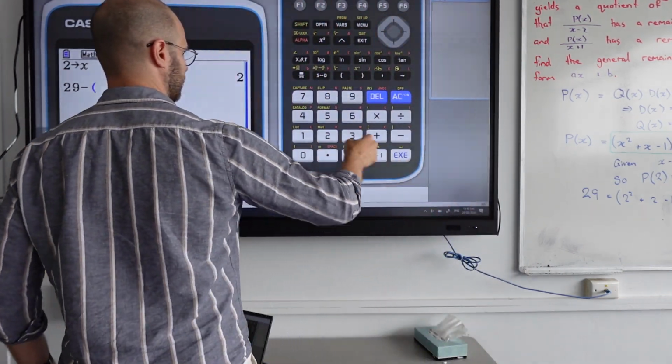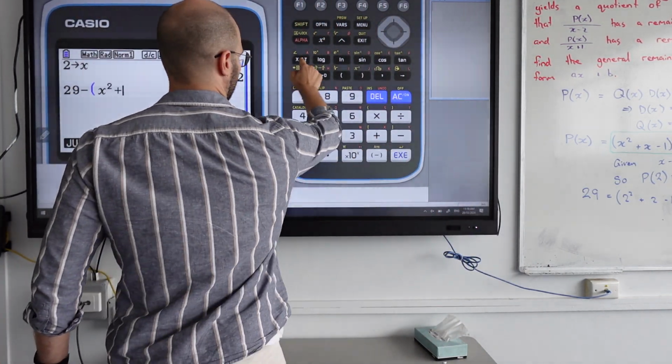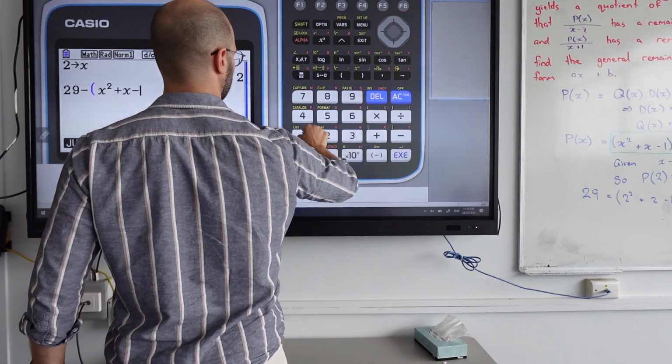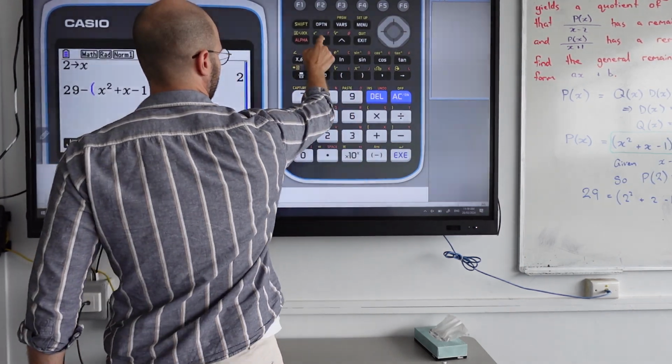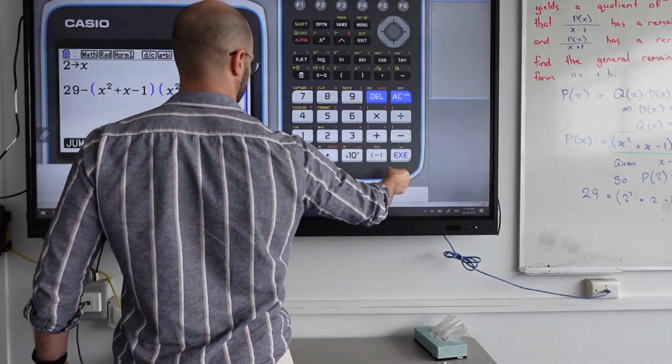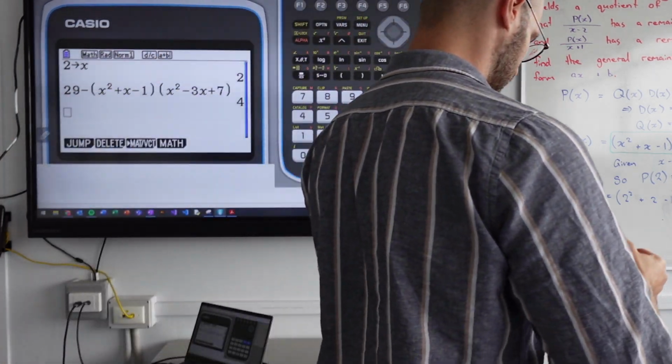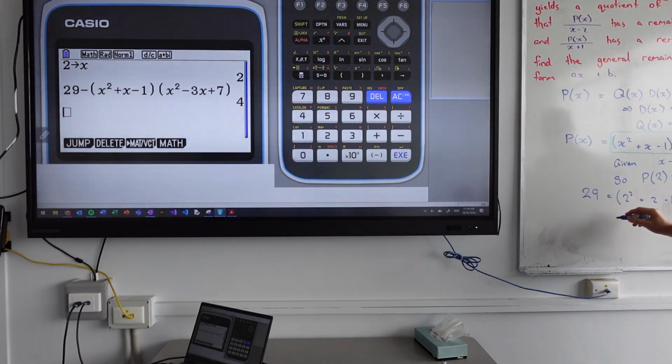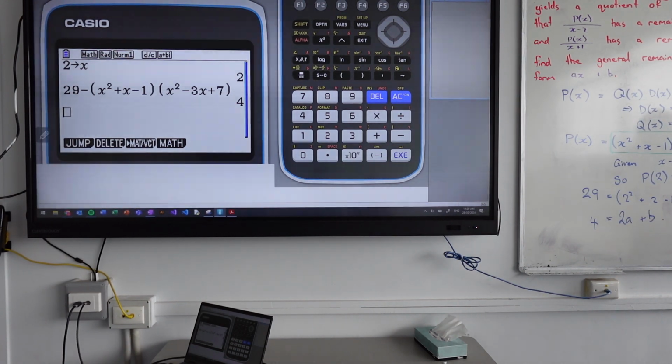So in parentheses, it's going to be x squared plus x take 1, open parentheses, x squared take 3x plus 7. Boom. So it's a one-liner. I get 4 on the left is going to be equal to 2a plus b. And that's going to be equation 1.